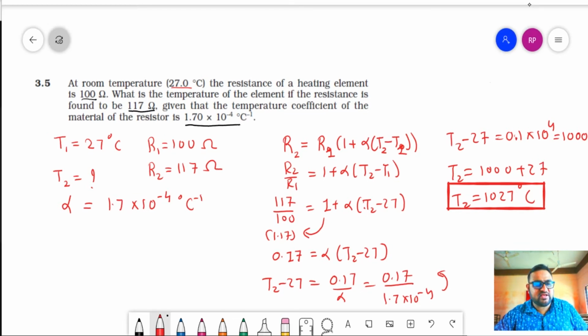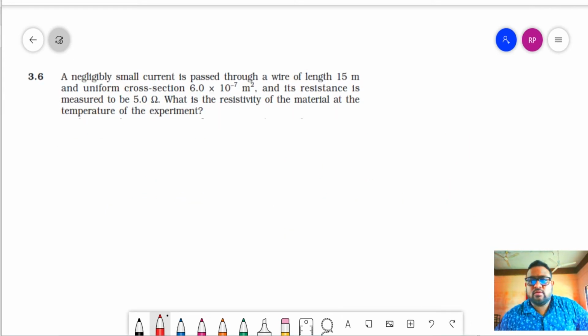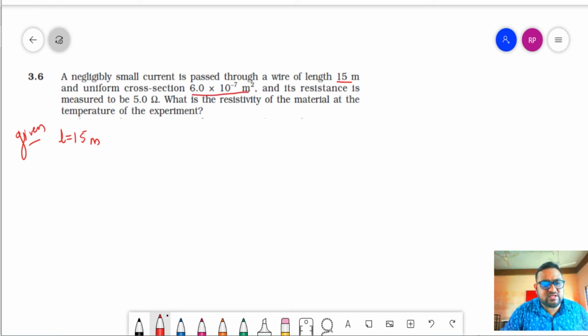Okay, now let's move to the next, that is 3.6. A negligible small current is passed through a wire of length 15 meter. Okay, so the length is 15 meter. I'm writing the given thing. And a uniform cross section 6 into 10 raised to minus 7 meters square.